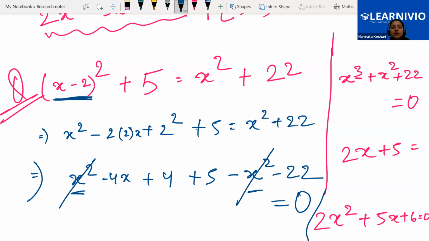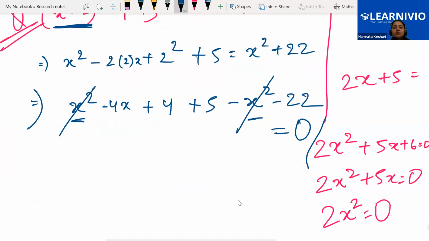Now we will do the simplification, whatever is possible. Minus 4x is there, no other x term is there. Then 4 is there, 5 is there, 22 is there. 5 plus 4, 9. 9 minus 22 is what?